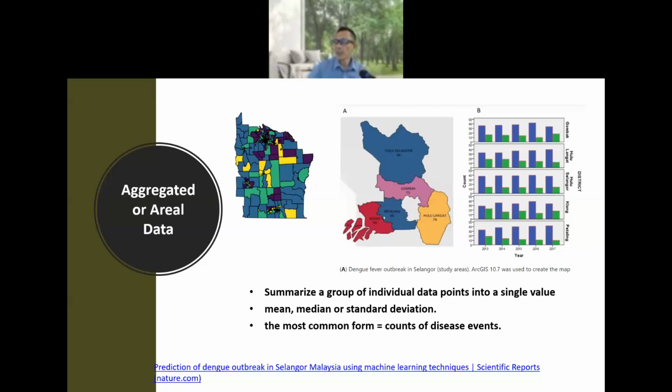You know that in a daerah or in a Mukim, how many have diabetes, how many have hypertension, or how many have stroke. And you can also do some mapping like this. For example, Hulu Selangor 66, something, dengue fever. Gombak 73, Petaling 66. So you can also plot data, and this is called areal data.